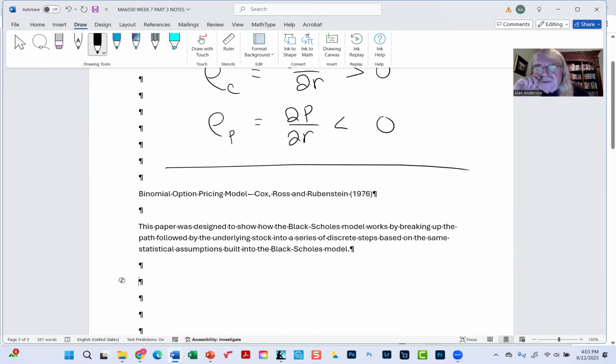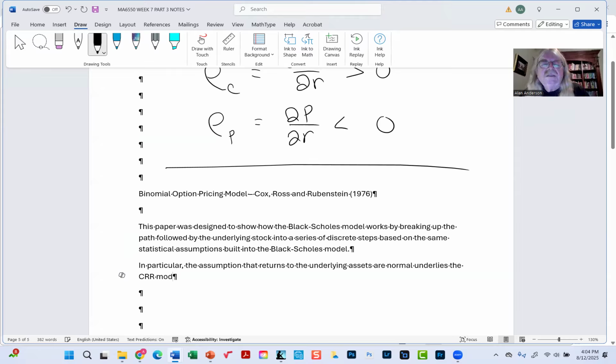Remember, at some point we discussed all the assumptions that Black-Scholes was based on. In particular, the assumption that returns to the underlying asset or stock are normal. That underlies the CRR. We're going to call it CRR from now on.